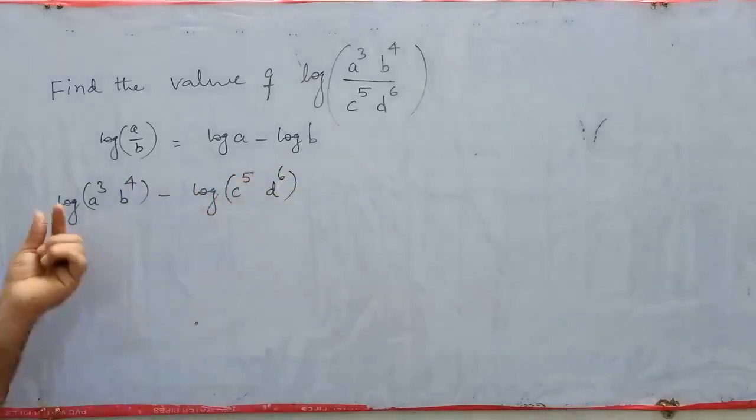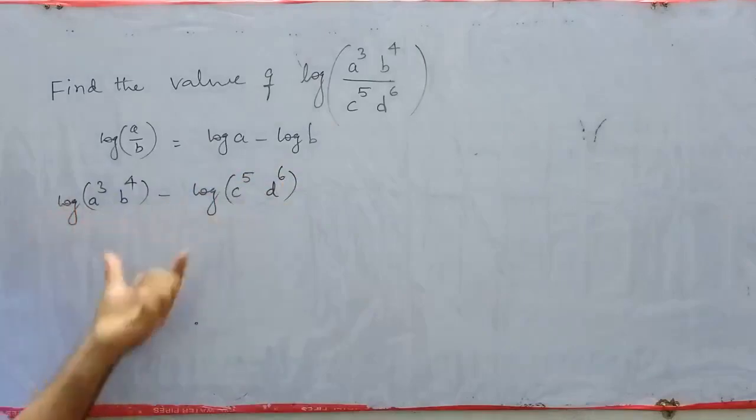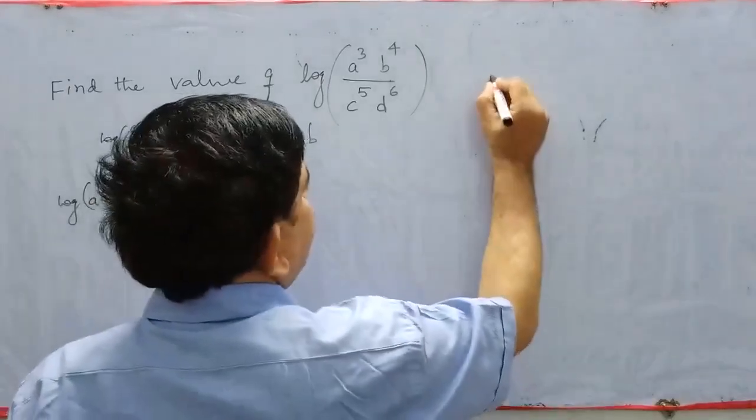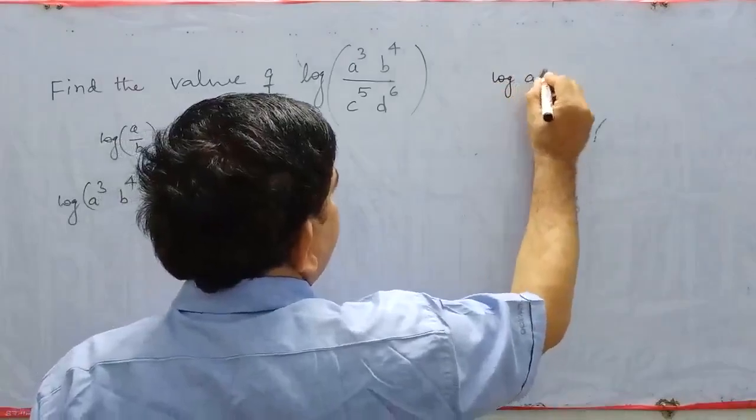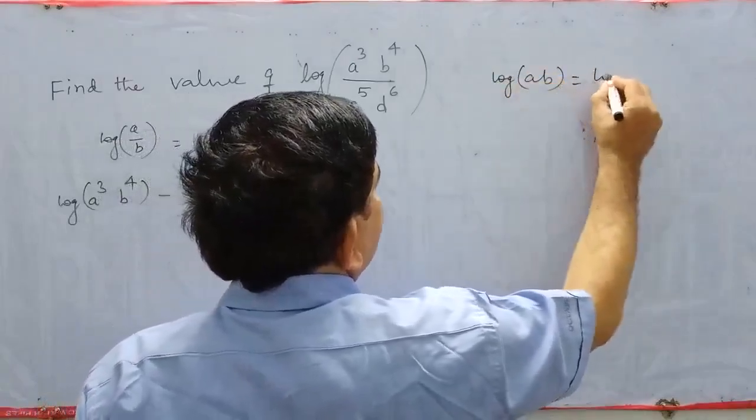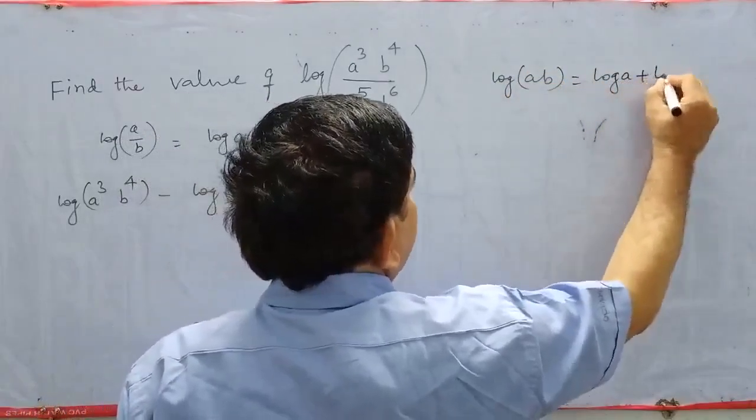Next, each term is in the form of log ab, and log ab is equal to log a plus log b.